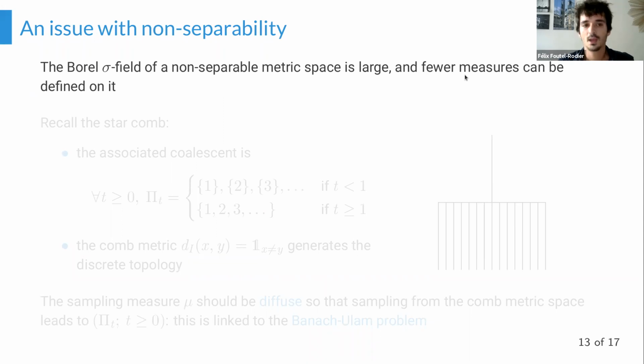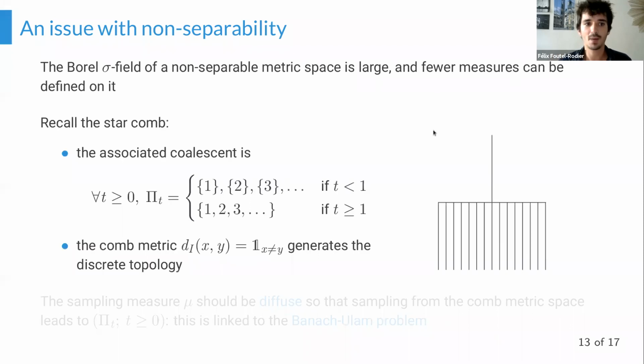So, in particular, the question of knowing if you can represent a coalescent with dust requires finding some measure defined on a non-separable ultrametric space, and we know that it's difficult to define measures on non-separable metric spaces.